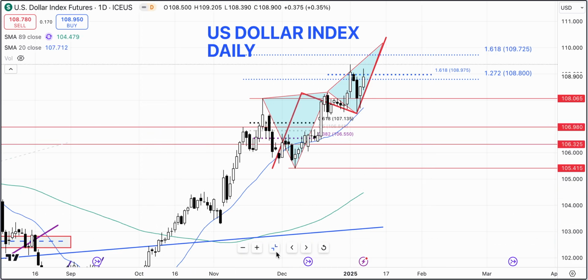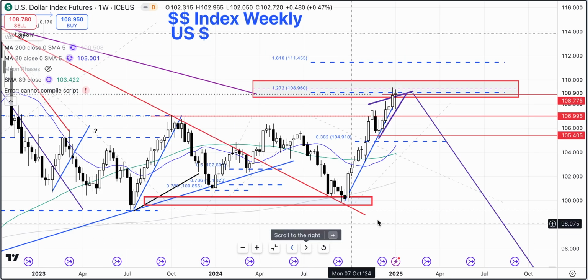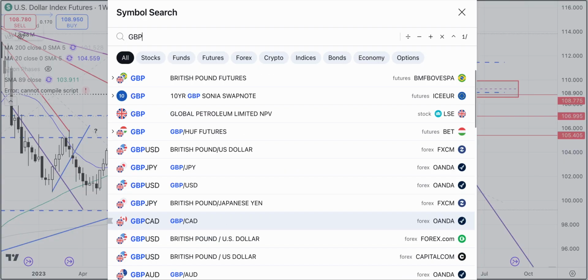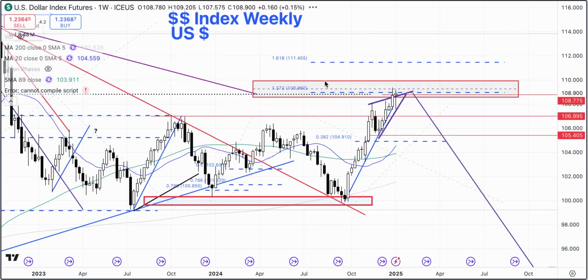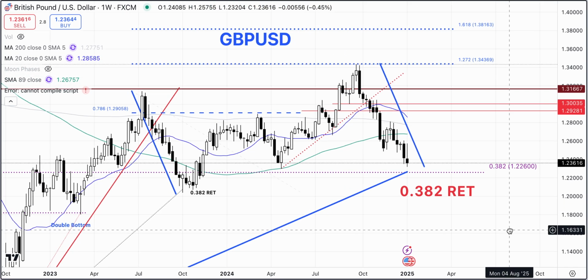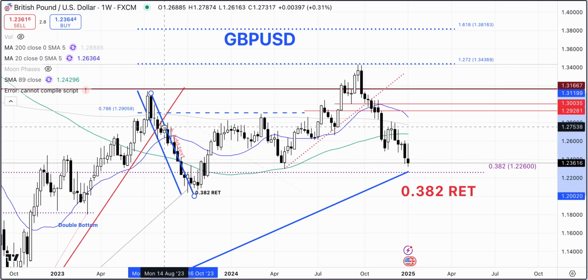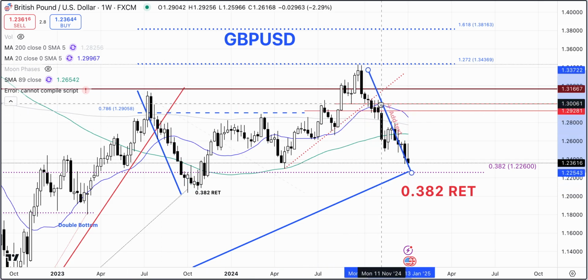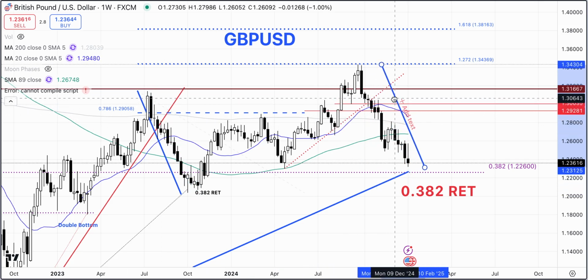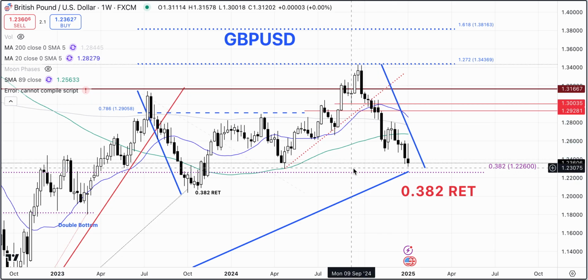Now let's actually get to the weekly chart, and I really want to show you what is happening with the cable. So this is the British pound. This is the weekly chart, and we have the symmetry. Here we go. So we have symmetric moves pretty much now. The market is indicating the move is pretty much where the market actually put in a low for this week.